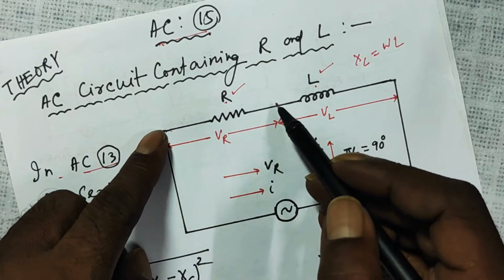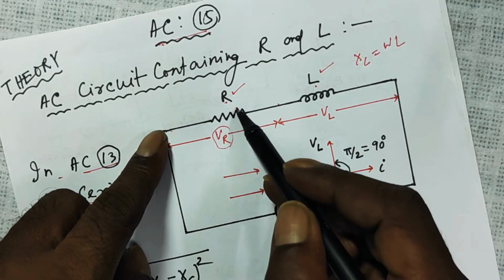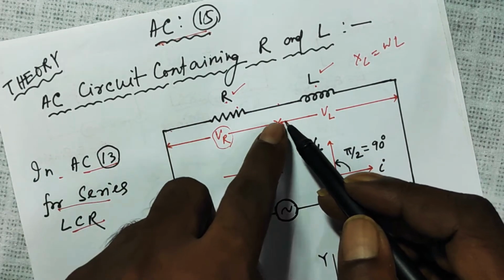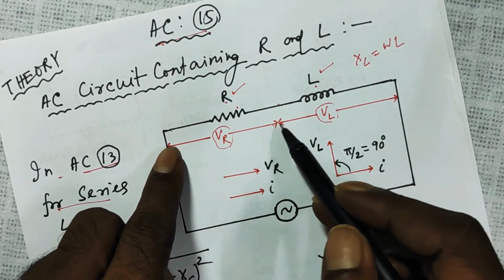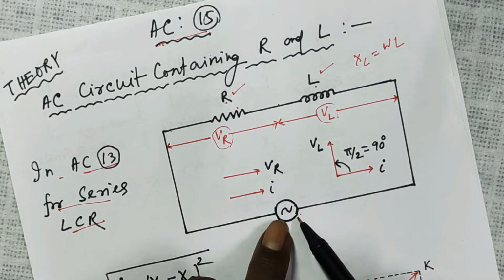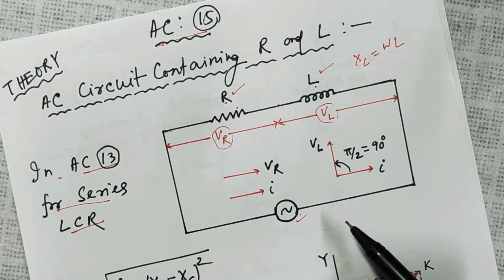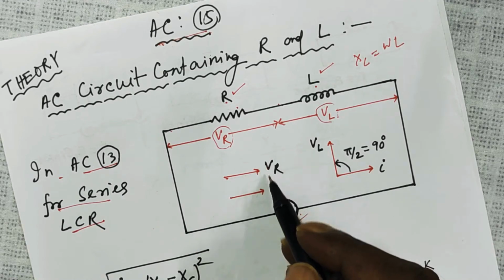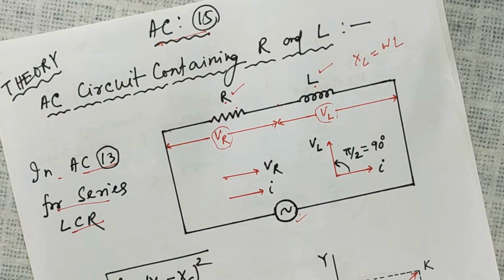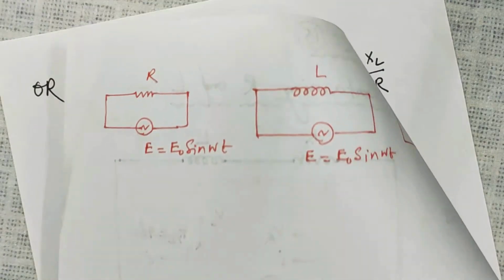Now, from here to here is the voltage across the resistor. From here to here is the voltage across the inductor. So this voltage plus this voltage is the same thing as this voltage. Now we know for a resistor, the current and voltage are in phase. This we had derived in previous lessons.